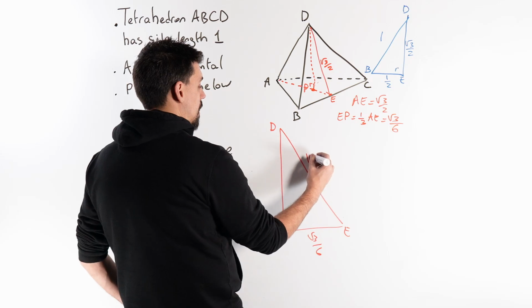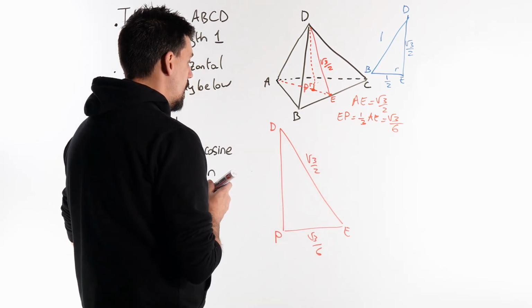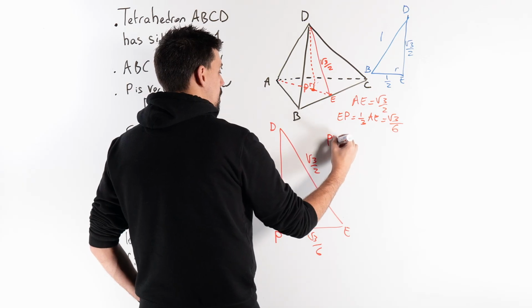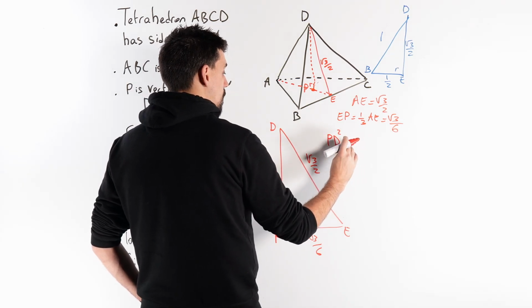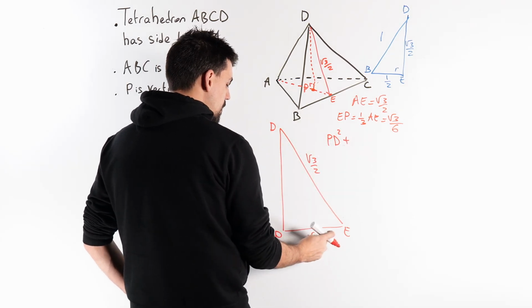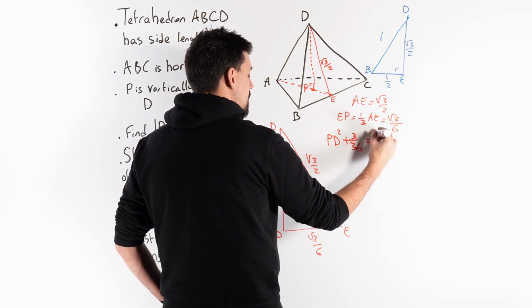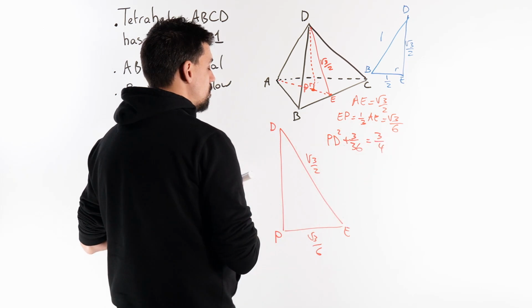That is √3/2. So PD squared plus √3/6 squared, which is 3/36, is equal to 3/4.